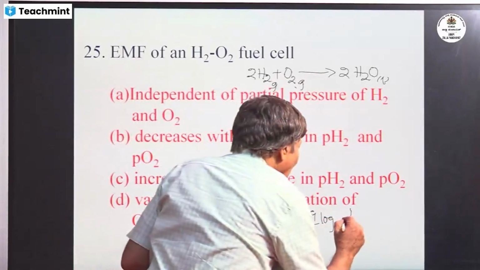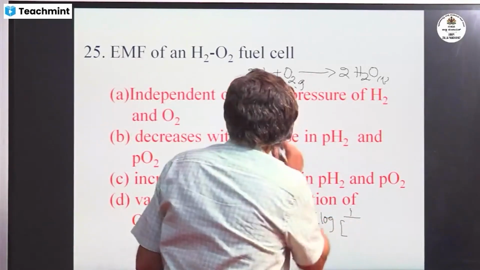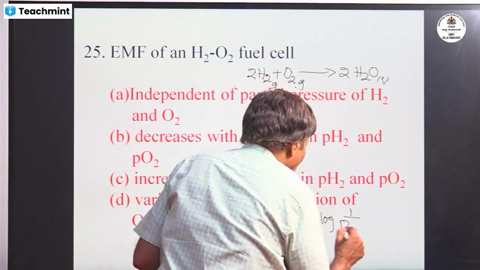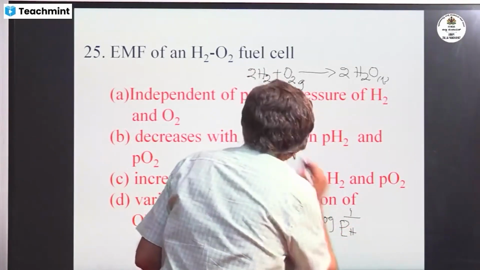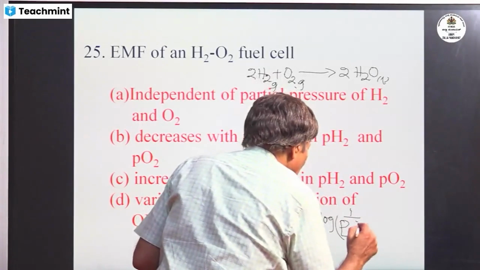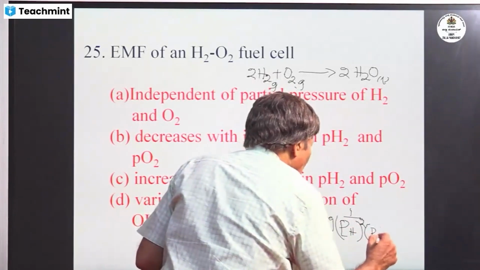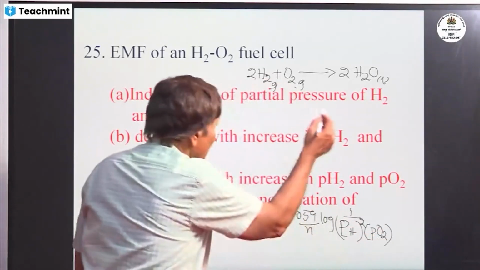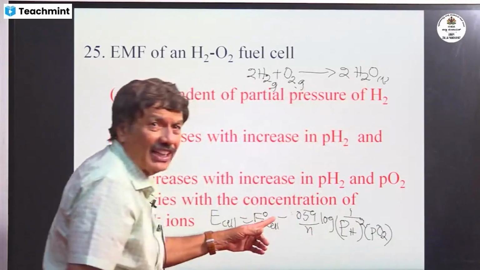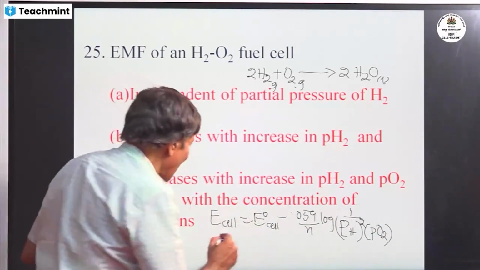1 by partial pressure of H2 square into partial pressure of O2. Is it not? I'm not happy with this minus sign. What shall I do?